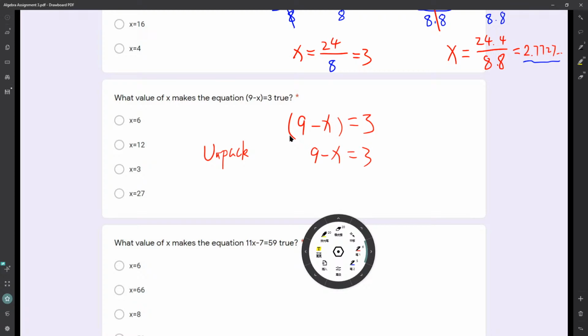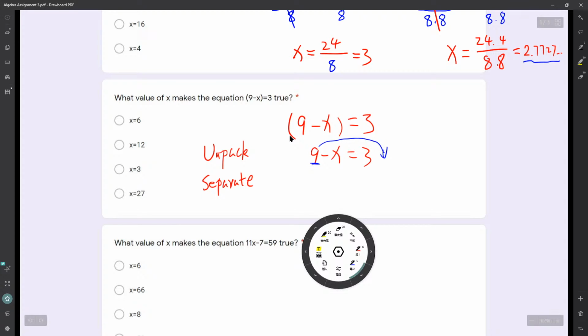And next, we will separate. That is, we want to separate the number to the other side. We want to separate this 9 to the other side. And how do we do that? We are actually doing the opposite of 9, which is negative 9.